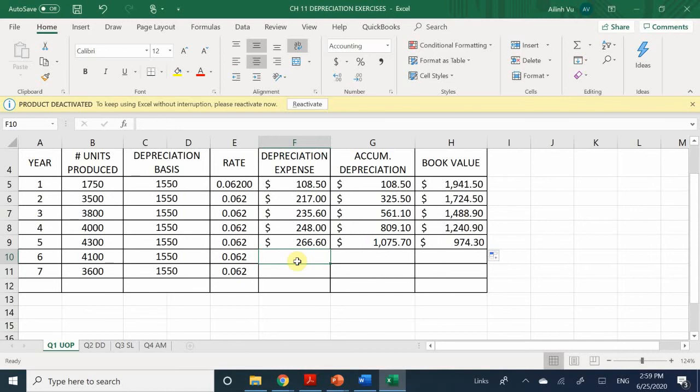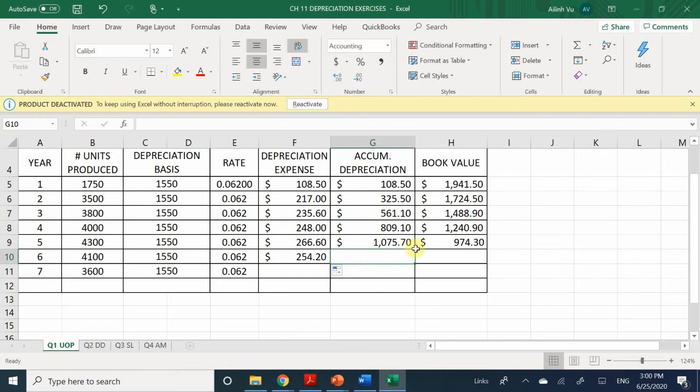All right, 4,100 times the rate of 0.062 is 254.2. Go ahead. Okay, so what did you say? 254.2. Good.